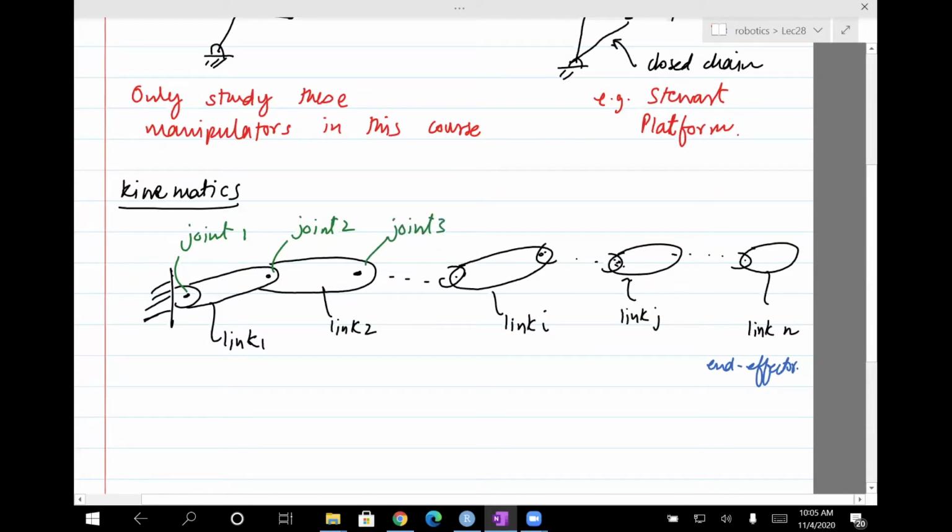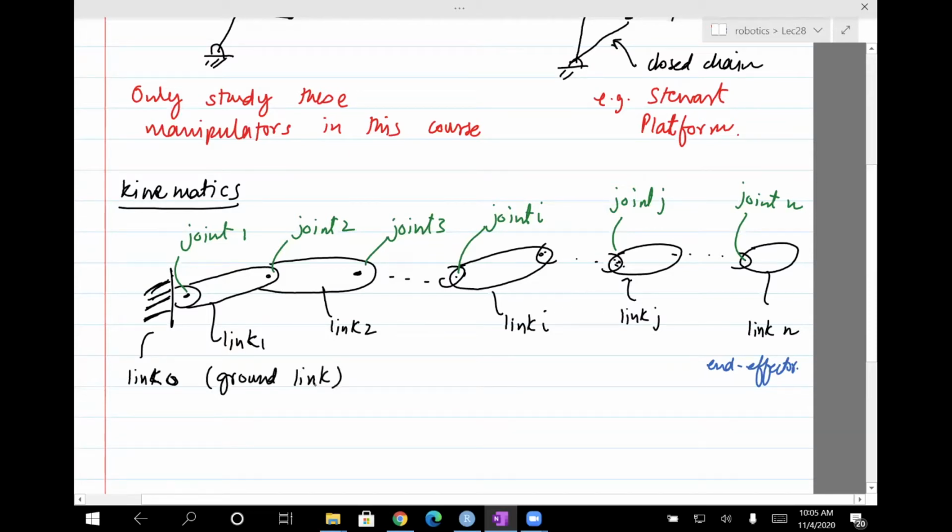So for link i, we would call this joint i, joint j, and of course this last joint is going to be joint n. Sometimes people like to also express the ground as a link. So let me just call that link 0, which is basically the ground link.